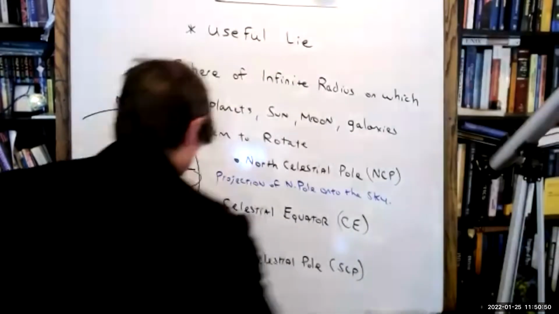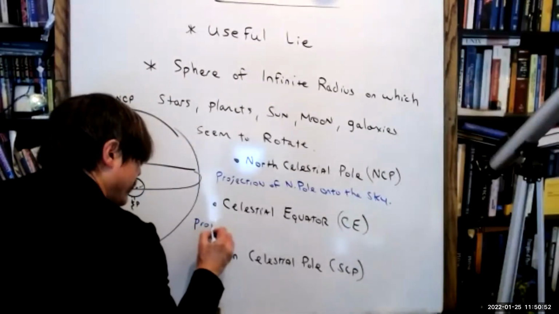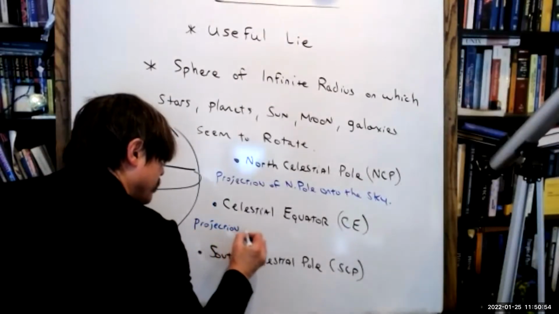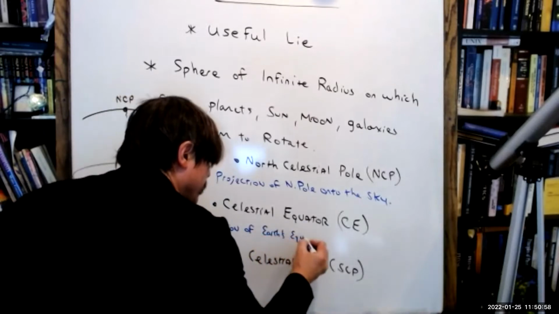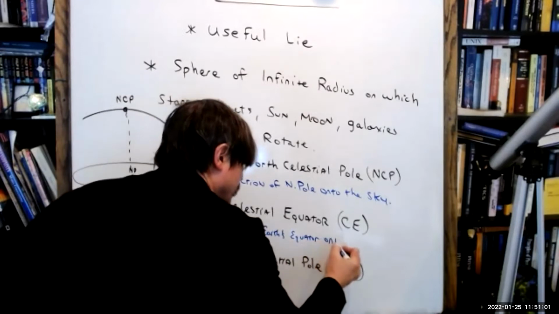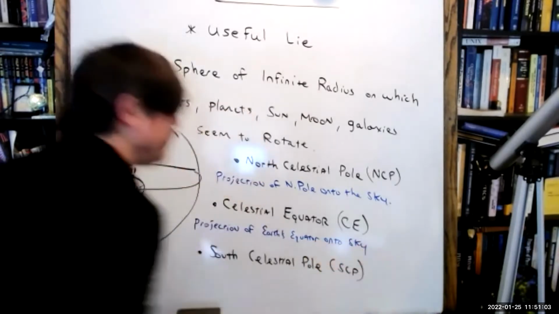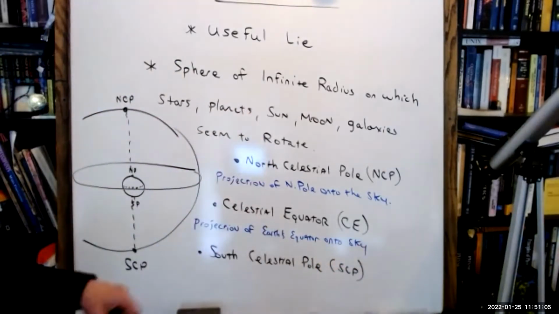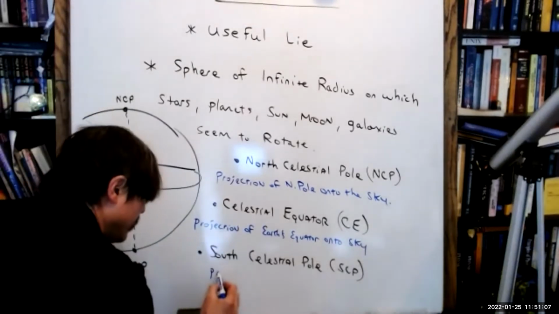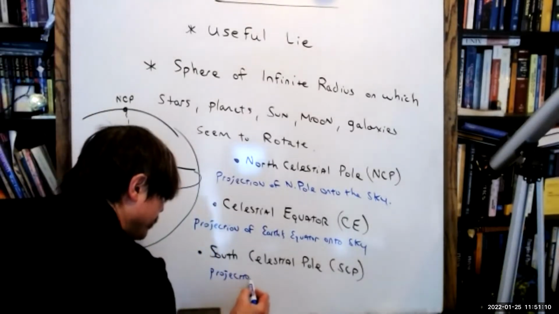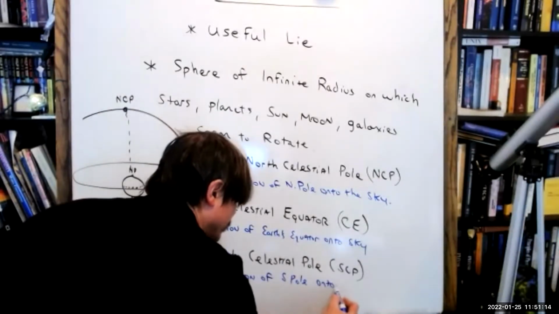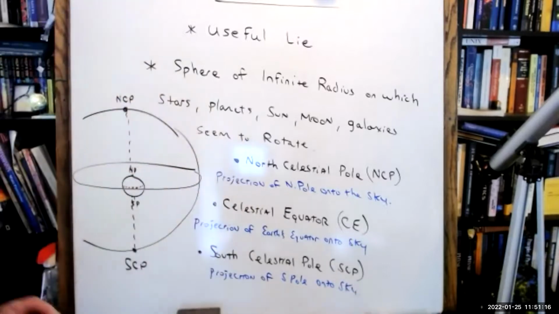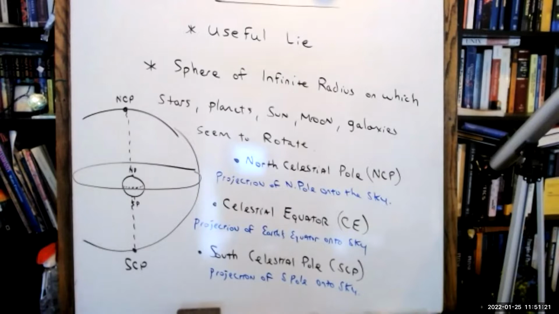The celestial equator is the projection of Earth's equator onto the sky, and similar for the South Celestial Pole. It's the projection of the South Pole onto the sky. Jot all that down if you can.